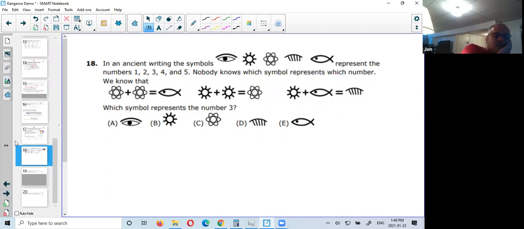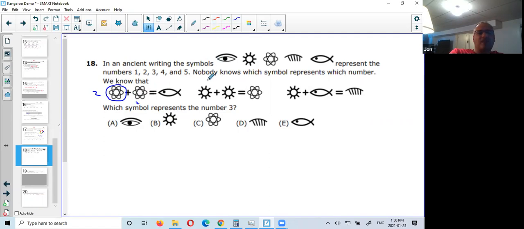Okay, William, you explain it to me. The first one, one, two is 4, so the fish is 4. How come these aren't ones? Because in the second one, the sun, it says what plus what equals 1. Nothing equals 1, so I think it will be 2.